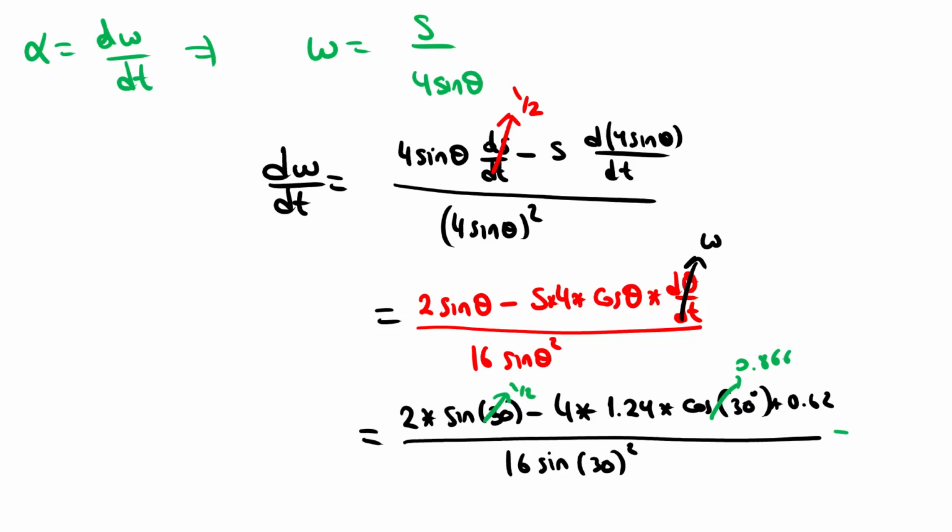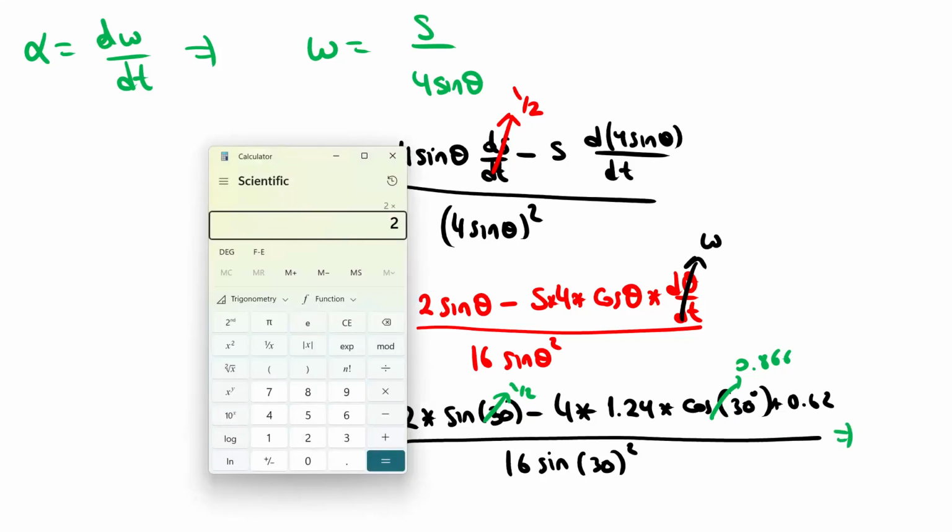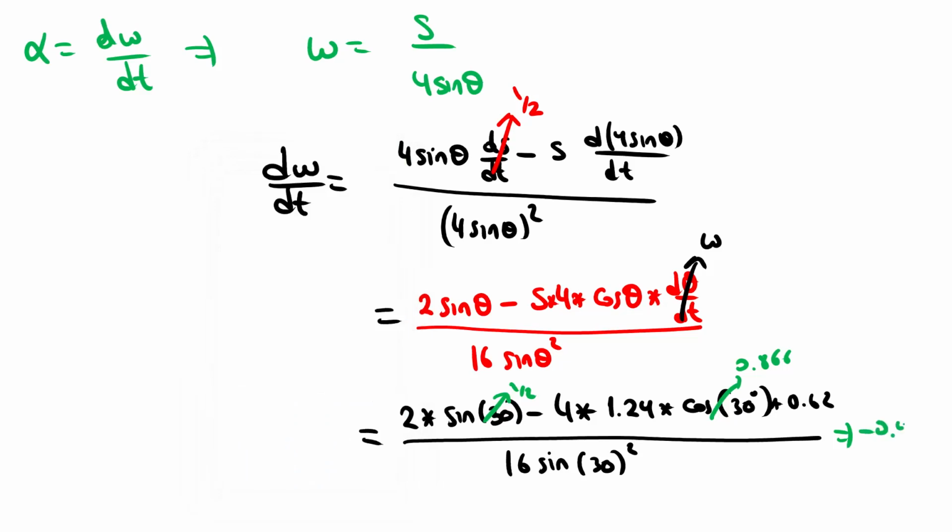So if I do these calculations, 2 times 1/2 is 1, minus 4 times 1.24 times 0.866 times 0.62, that one divided by 16 times 1/4, which is 4, then negative 0.415 radians per second squared.